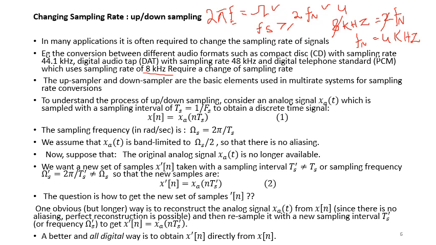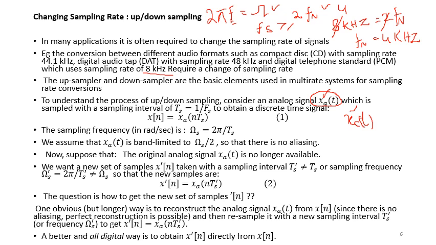To understand the process of up or down sampling, consider an analog signal xa(t), right? I hope you understand that we are using xa(t) for the analog signal, or similarly we can also use xc(t). These are used interchangeably, but they both mean the same: xa(t) means analog signal, xc(t) means continuous signal.